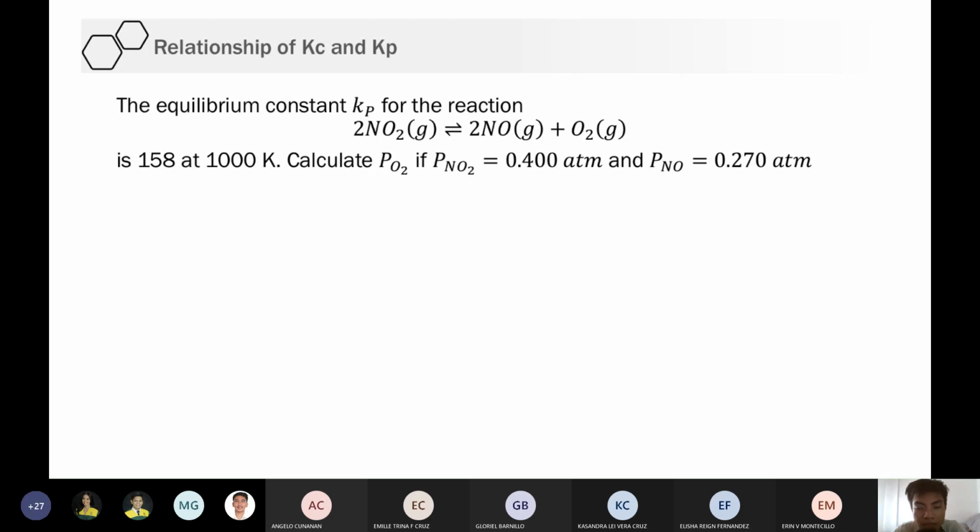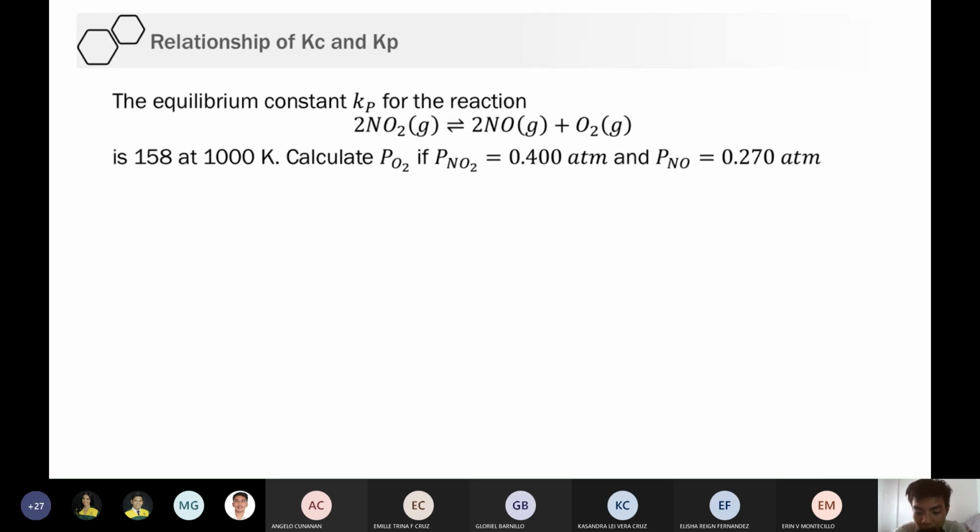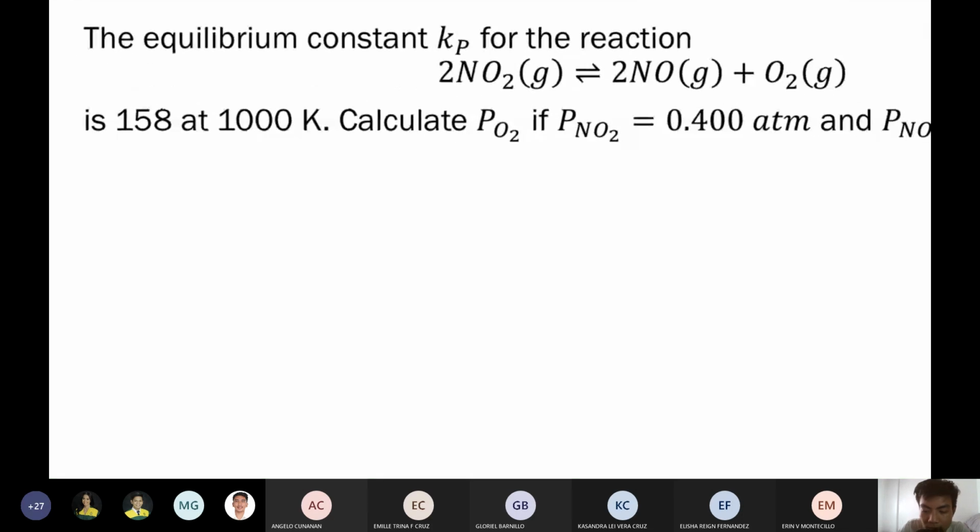Ano sabi ko? Basta equilibrium problem, isulat agad yung Kp or Kc. However, in this problem, specified na pressure ang gagamitin natin. So, we write the Kp. Sulat natin yung Kp.